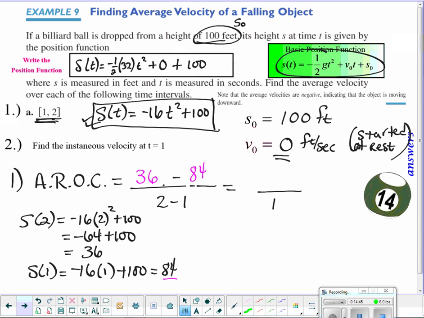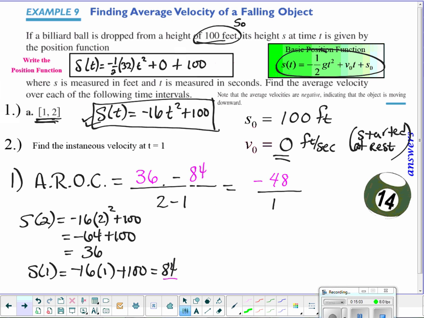And I need to subtract those two. 36 minus 84 would be negative, and it would be 48, right? 36 and 48 should add up to 84. There we go. All right.